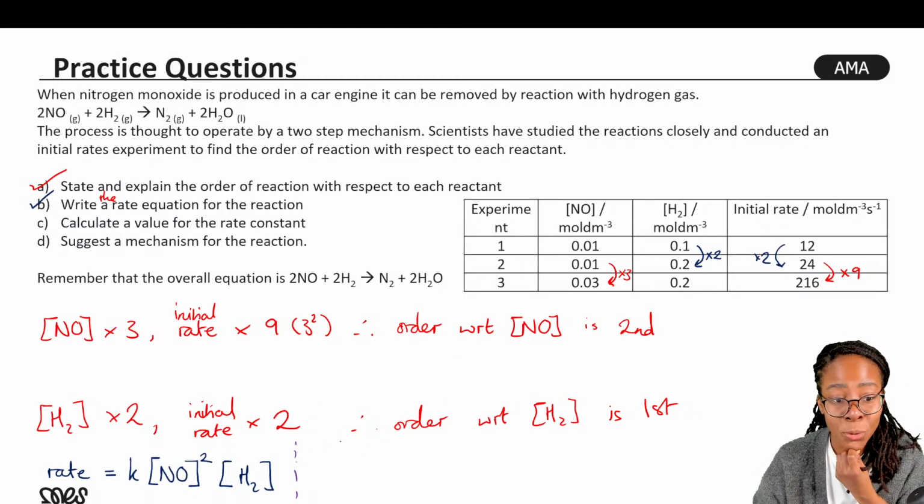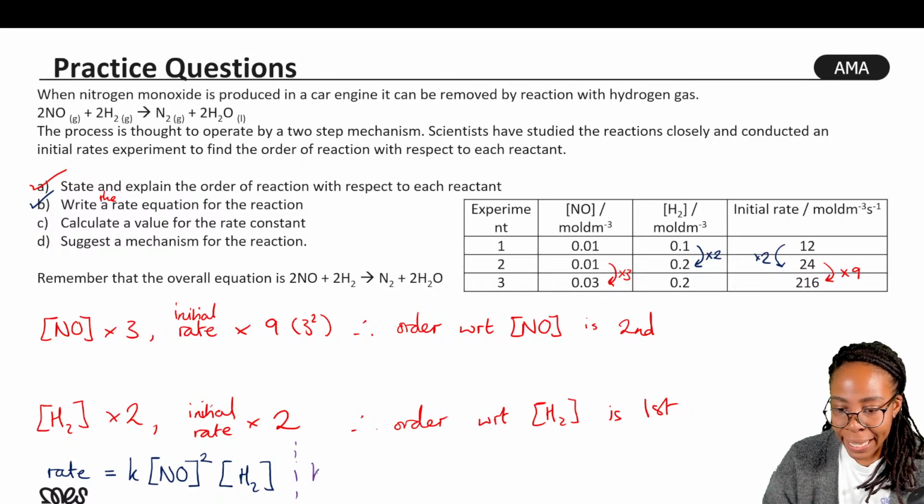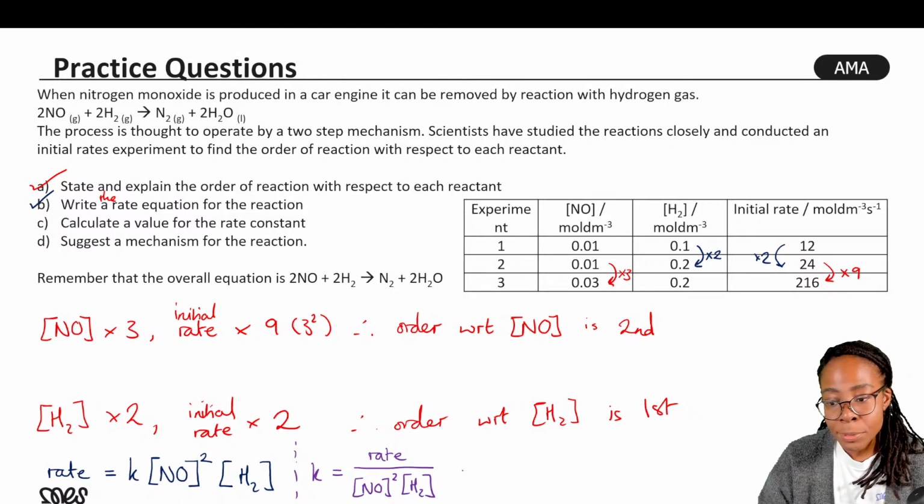It's actually really straightforward. We're going to just rearrange to make k the subject. So k is equal to, remember, lowercase k, the rate divided by the concentration of NO squared multiplied by the concentration of H2.